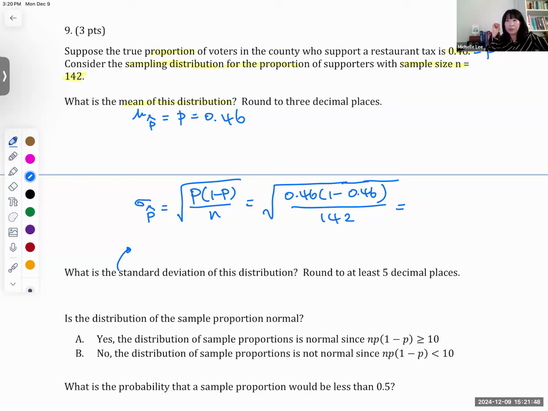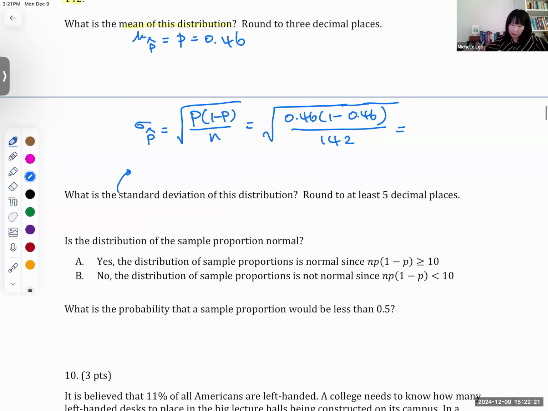Thank you in the chat. What do you get? Let's calculate. 0.0418.